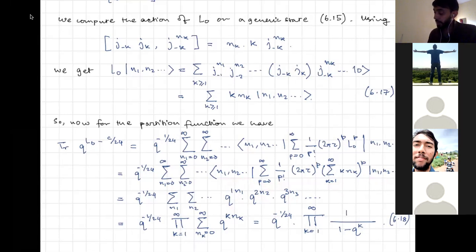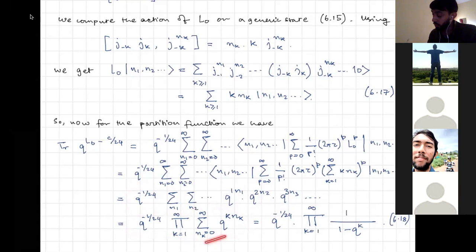So now what are we left with? We are left with all of these q's here. Whole to the power n1, whole to the 2n2, 3n3, and so on. And there's a sum over all of these n's, and there's a 1 over q to the power 1 minus 1 over 24 sitting outside. So this is a sum, okay?